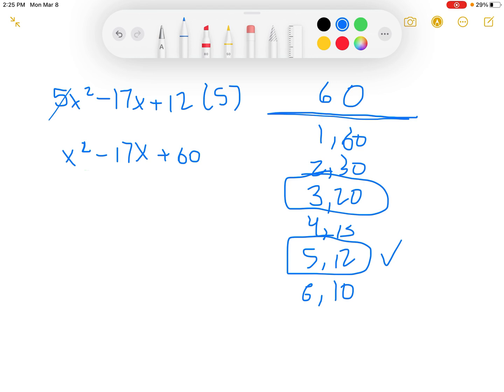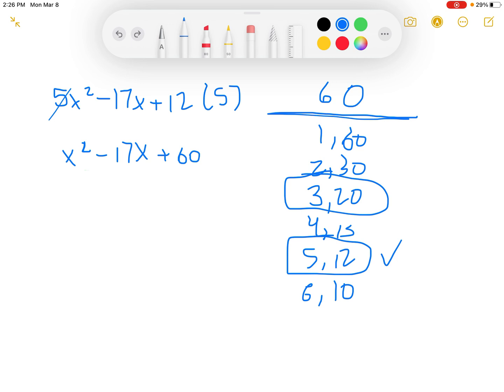Remember, they both still have to multiply to get to 60, and if we changed this to -3, yes, they would add to get to -17, or sorry, if we did a -20, they would add to get to -17, but they would multiply to -60, so that's not good.